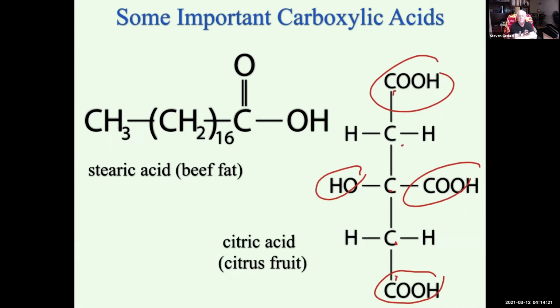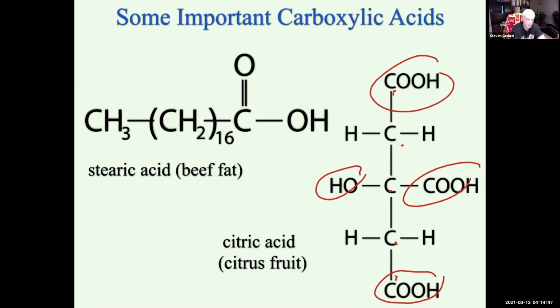So pentane dioic acid, and then at the number 3 carbon, there's a carboxyl group and a hydroxy group. So 3 carboxy, 3 hydroxy, pentane dioic acid would be the name for this thing.